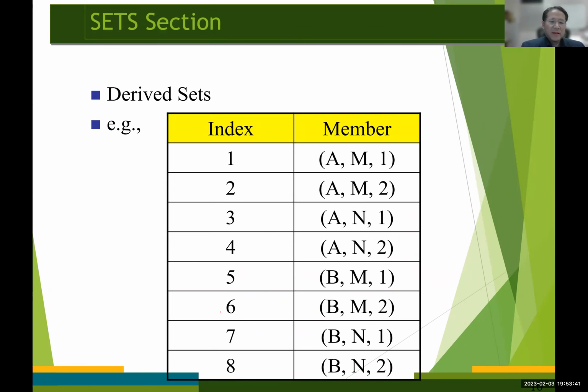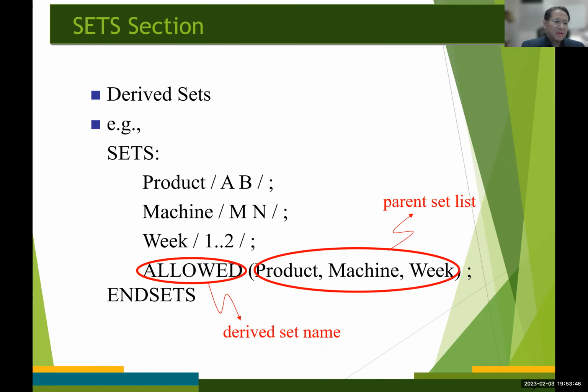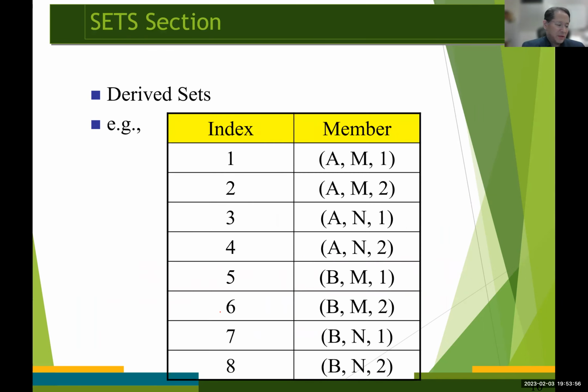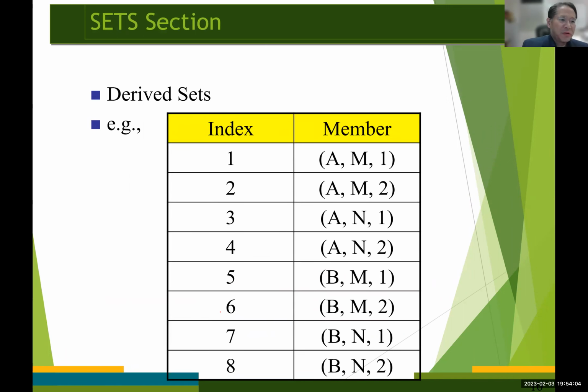Is that correct? So here there are 3 parent sets, so 2 to the power 3 equals 8. So we have a total of 8 different combinations in this case. So this table just shows the allowed set membership, right?